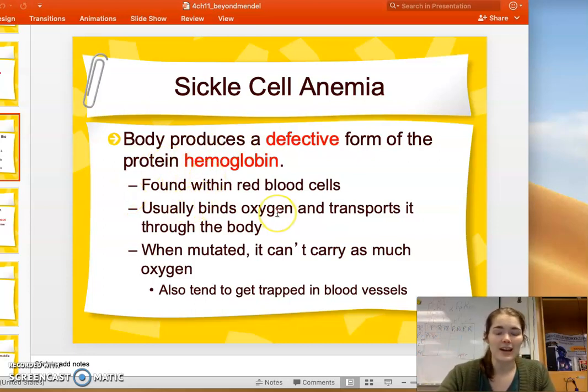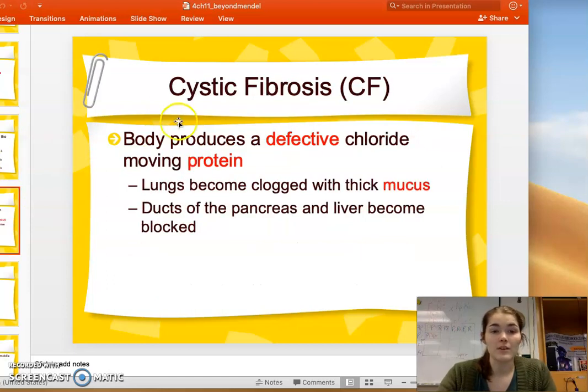It usually binds oxygen and transports it through the body, but when the hemoglobin is mutated, it's twisted into a sickle or crescent moon shape, and it can't carry as much oxygen. One benefit of sickle cell anemia is you can't get malaria as easily, which is a mosquito-borne illness.